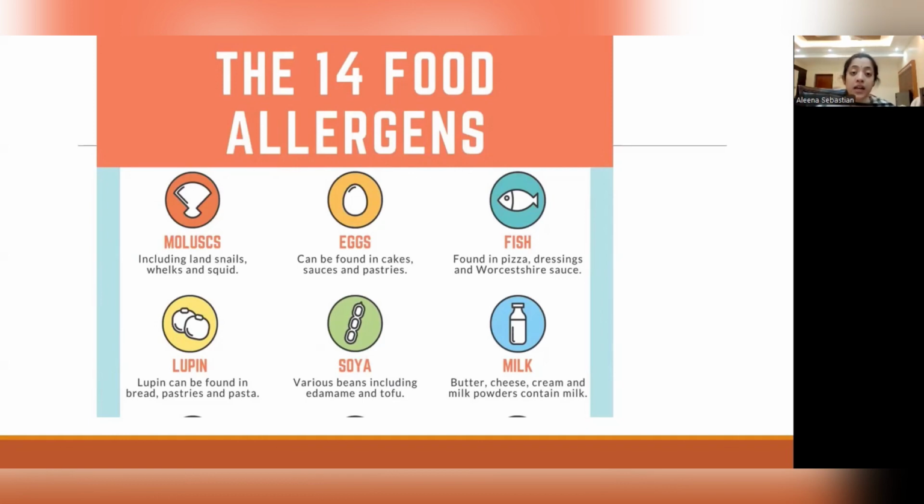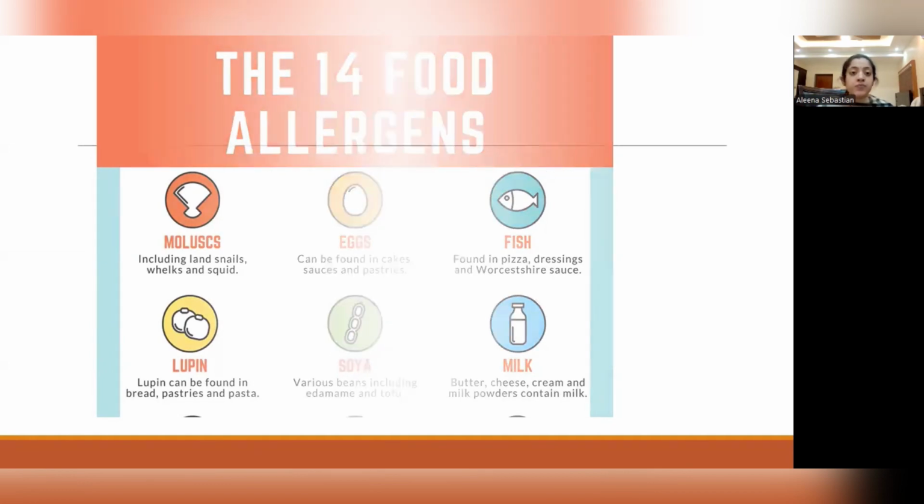Then lupins, which can be found in bread, pastries, and pasta. Then soya, various beans, including edamame and tofu. Edamame is a Japanese dish made from soybeans, and tofu is something similar to paneer, but it's made from soybean. Then milk, which is found in butter, cheese, cream, and milk powders.